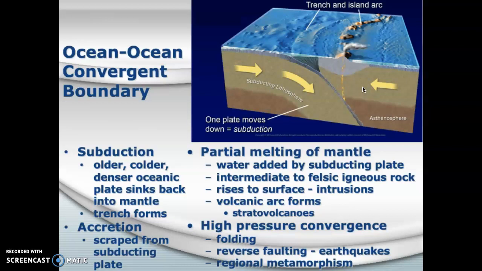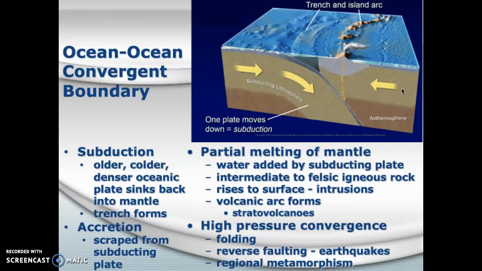So we get intrusive igneous rock, which is going to be granite and diorite, pink and gray rocks. And then when they come out on the surface, we get volcanoes. And if you remember back to our discussion of volcanoes, this is the type of rock that will give you stratovolcanoes, which tend to be very tall and pointy and also tend to be explosive.